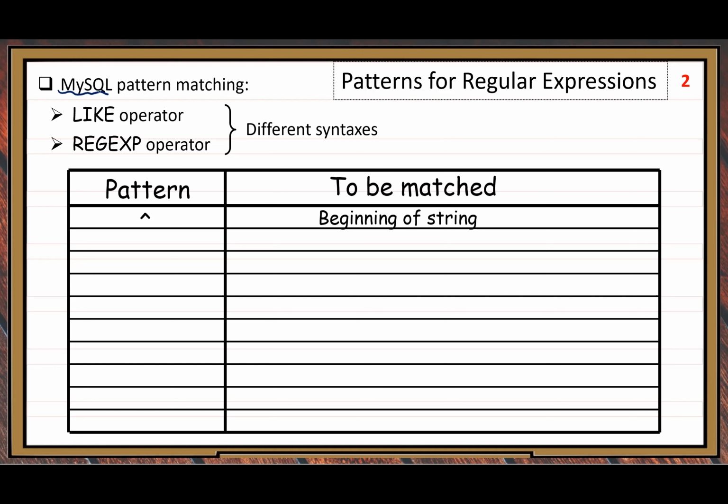If you do not use this symbol, your pattern will be matched anywhere in the string, not just the beginning. When you use it, your pattern will be matched at the beginning of the string. That's the main special usage of this symbol.